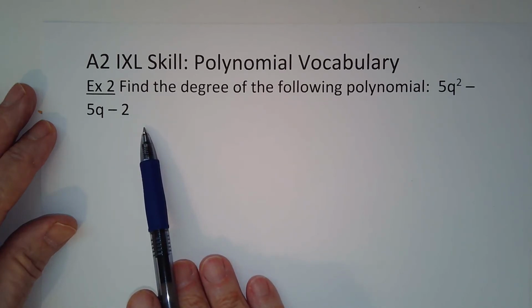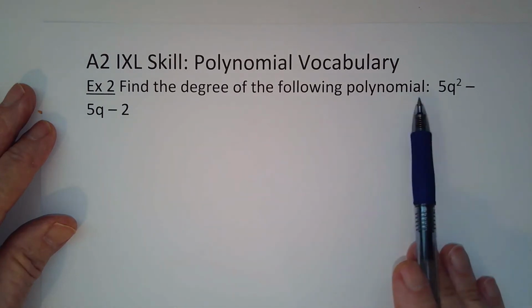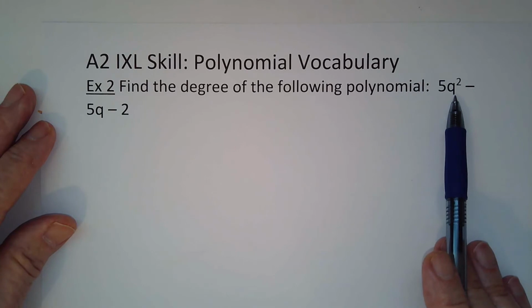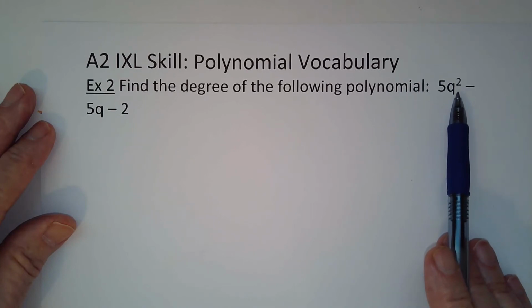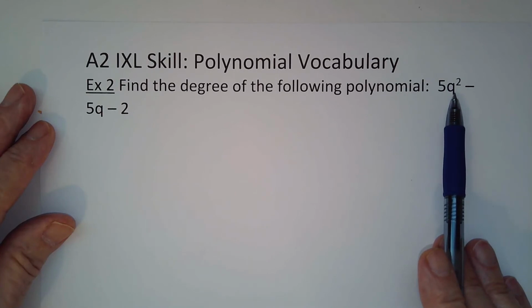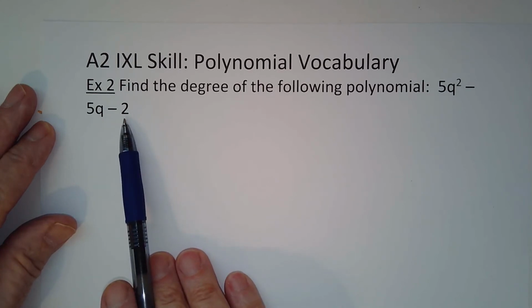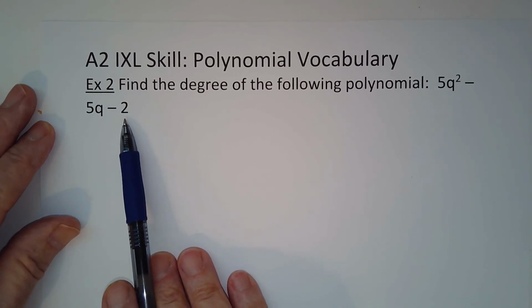The first term has one variable with an exponent of 2, so it has a degree of 2. The second term is 5q. Its exponent is 1, so its degree is 1. And then this last term is a constant. It doesn't have a degree.